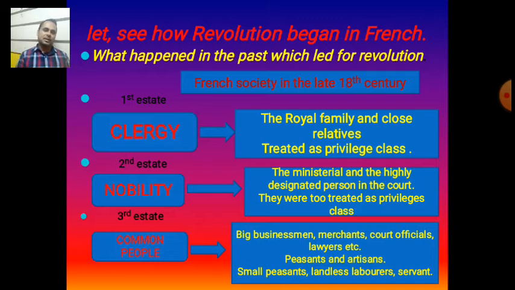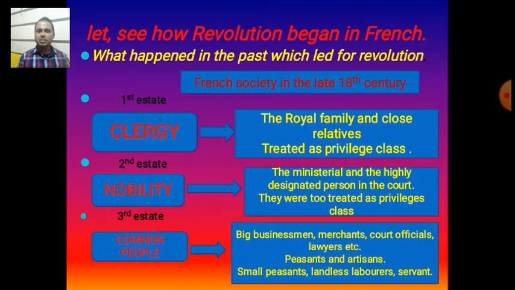Now, who all come in the clergy? In the clergy, the royal family and the close relatives come. They were treated as the privileged class, as I already told you. And in the second, the nobility: the ministers and the high designated persons in the court of ministers. And thirdly, the common people.